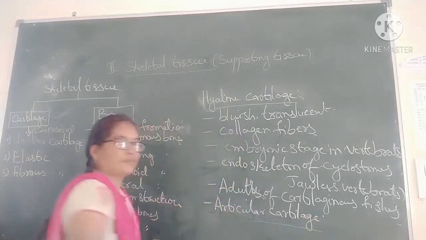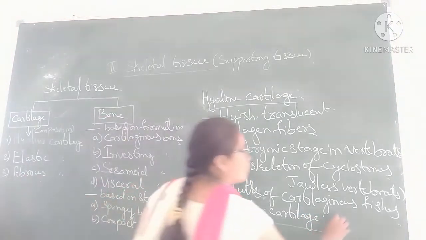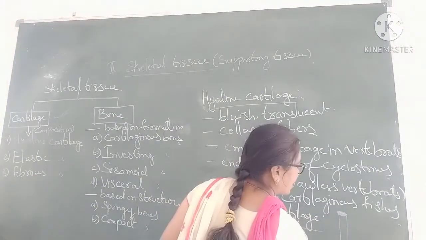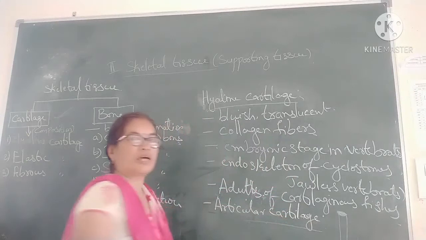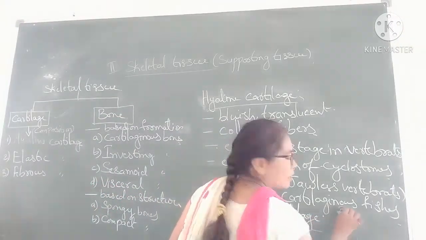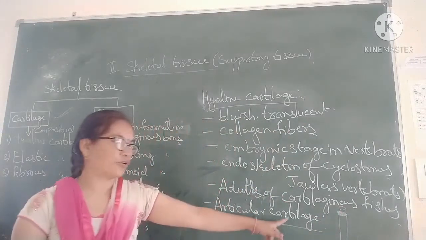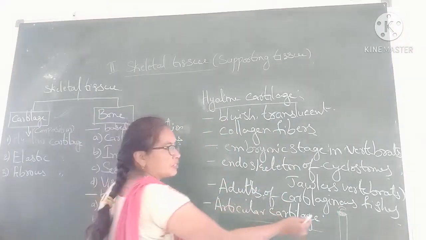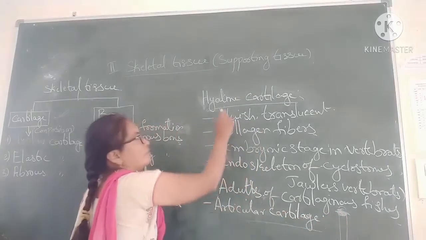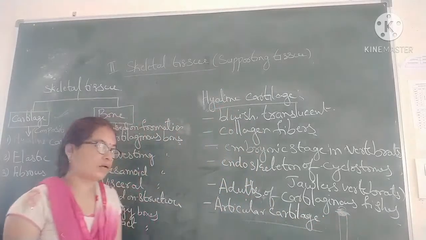Articular cartilage means that the surfaces of long bones contain this cartilage, so that they can join with other bones. These surfaces are made of hyaline cartilage.